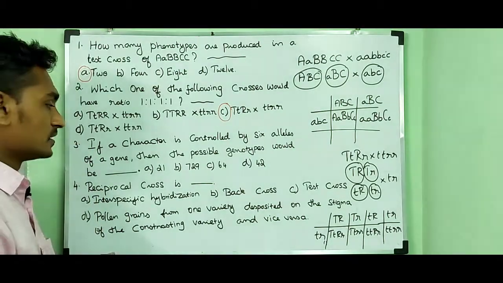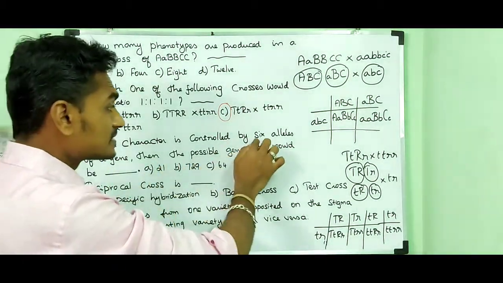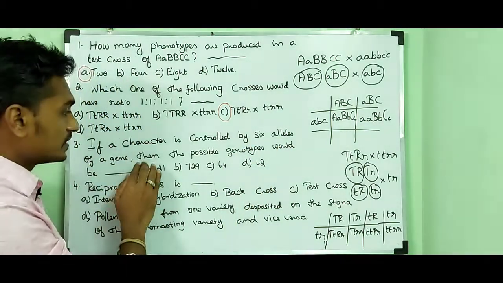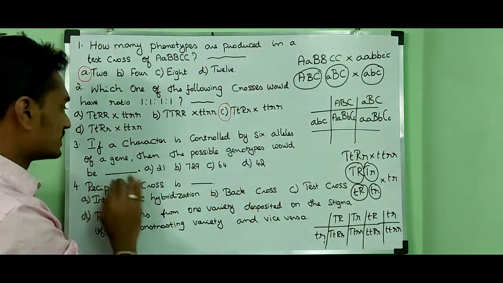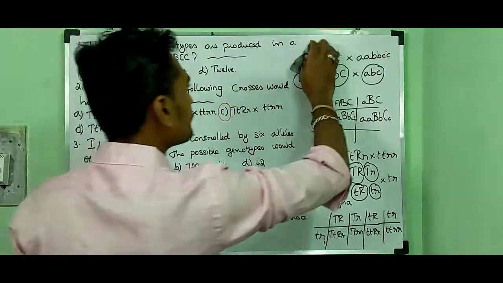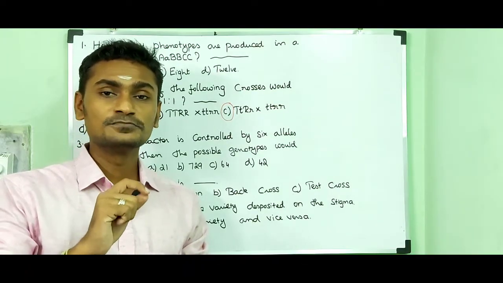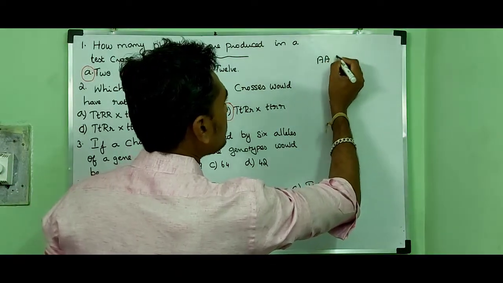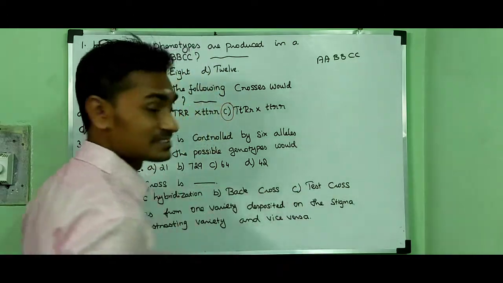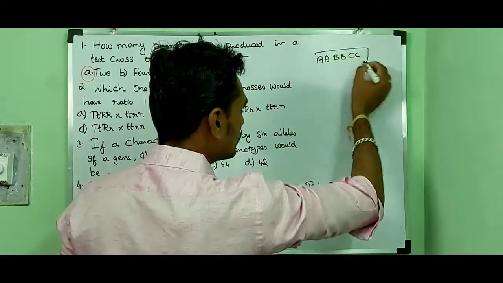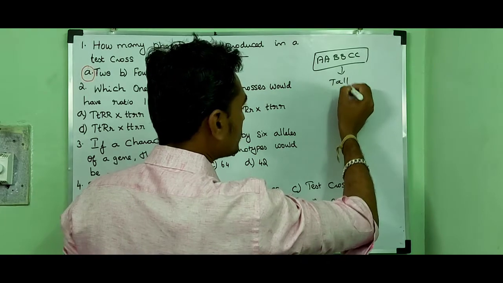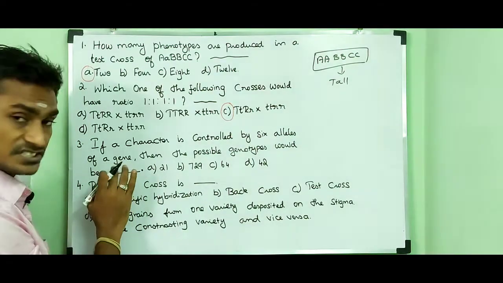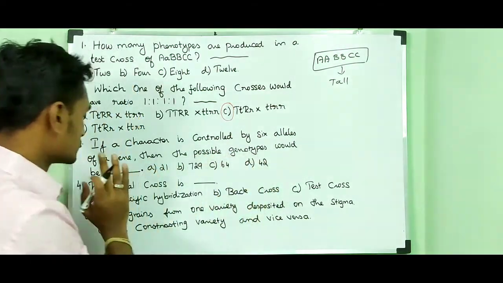Then the third question: if a character is controlled by 6 alleles of a gene, then the possible genotypes would be dash. So a single character is controlled by 6 alleles, for example capital A, capital A, capital B, capital B, capital C, capital C. So these are the 6 alleles which can control a single character like tall.